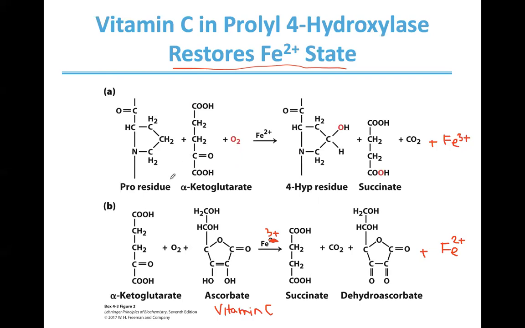Okay, so now obviously on the exam, I don't want you to memorize all the structures, but I want you to know that it is the chemistry of iron, specifically oxidation and reduction between iron 2+ and iron 3+, which is where the ascorbic acid or vitamin C is necessary.